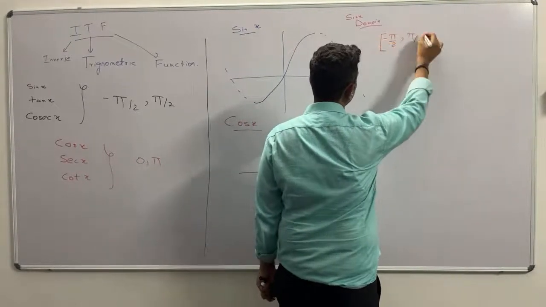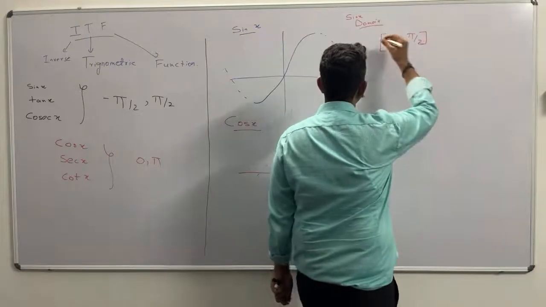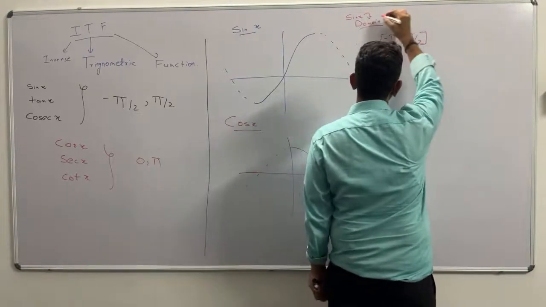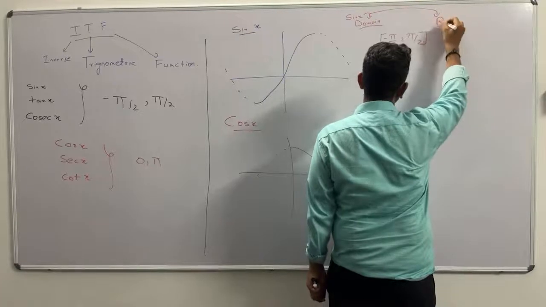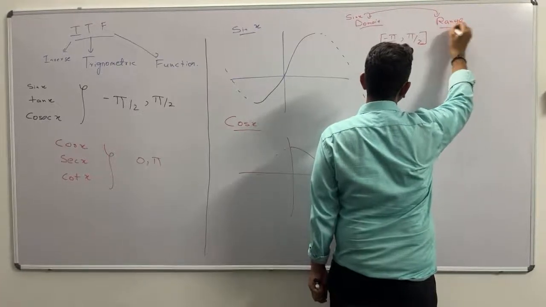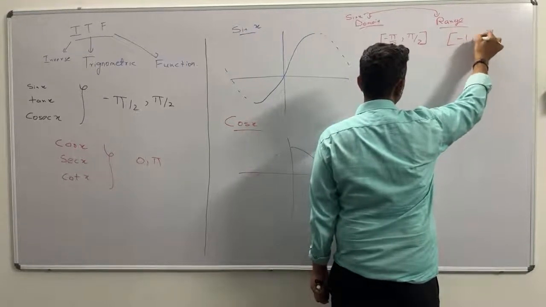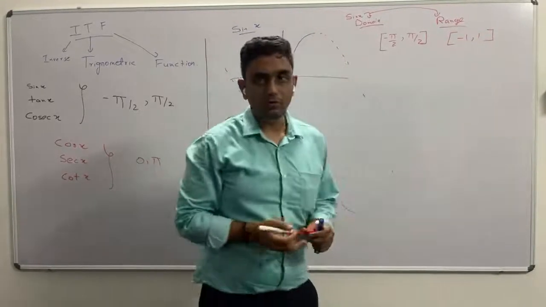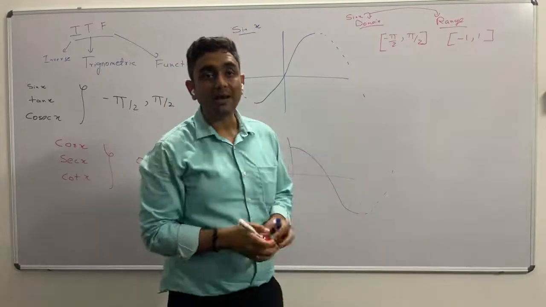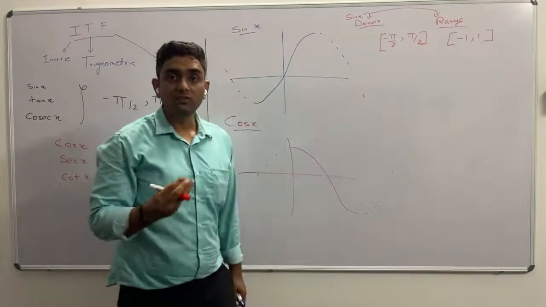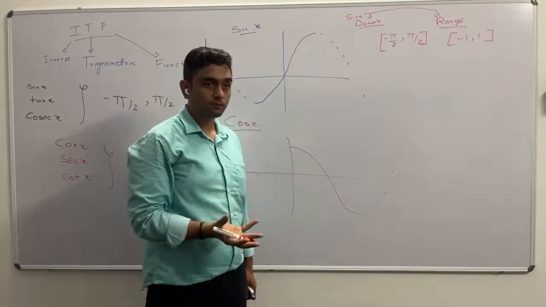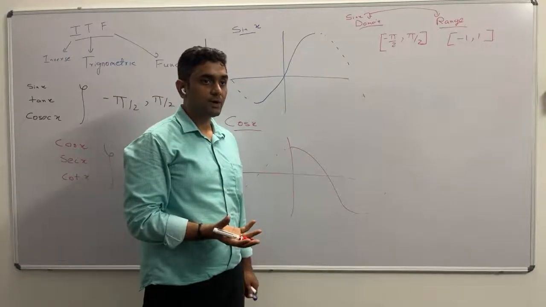Similarly, for this sin x, what will be the range? It will be minus 1 to 1. So we get sin x from minus pi by 2 to pi by 2 with a range of minus 1 to 1.